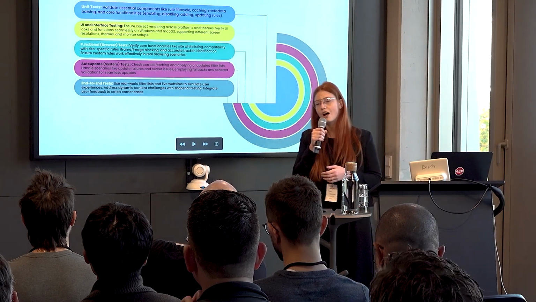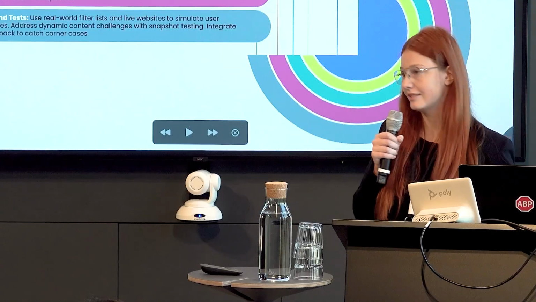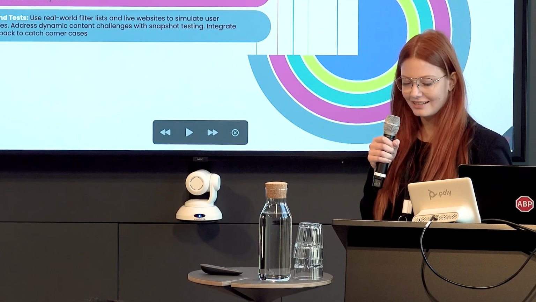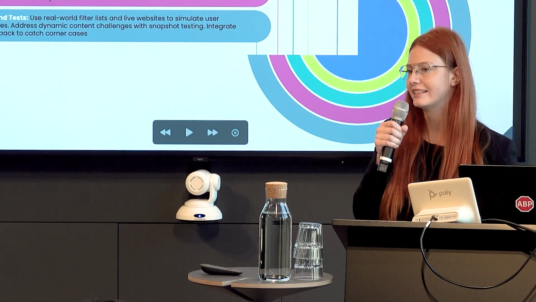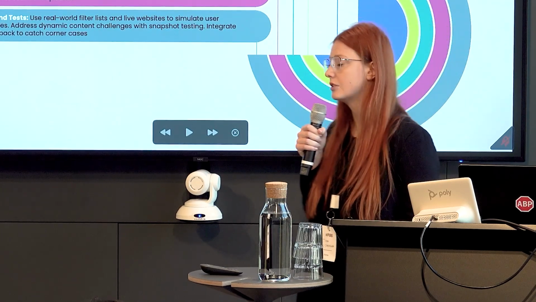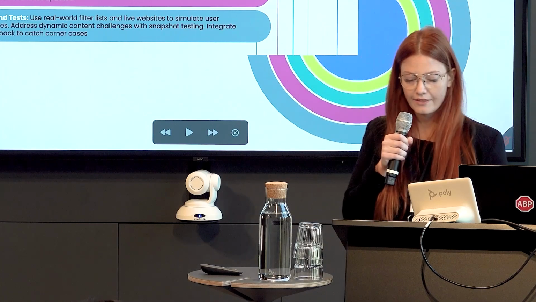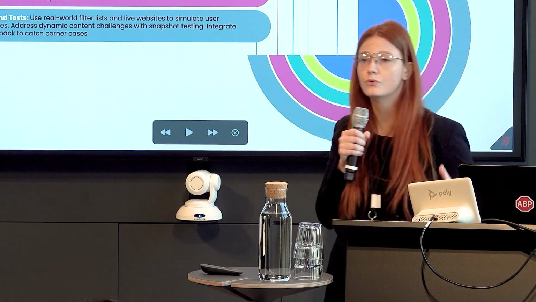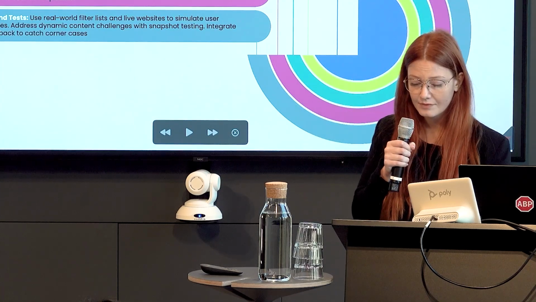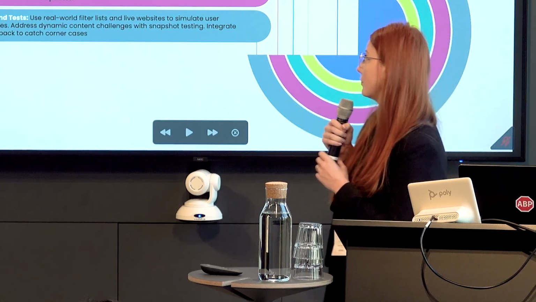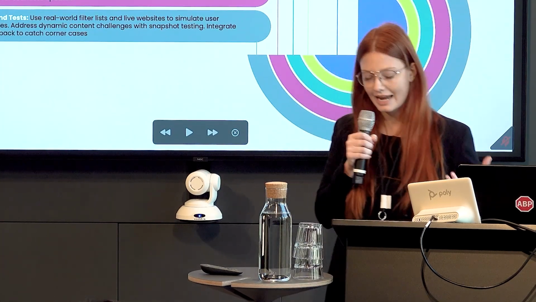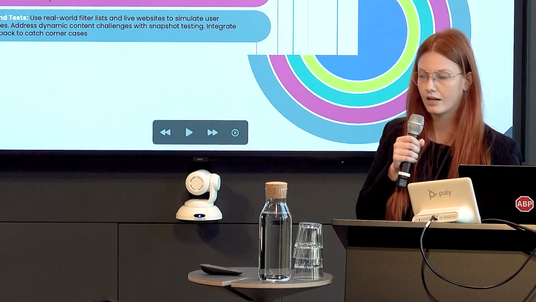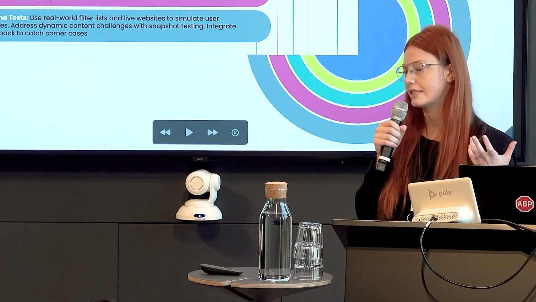The backbone of our testing strategy is unit tests, no surprise here. We need to make sure that every small key part of our feature works perfectly before we move to broader tests. What do we check here? First of all, we have cache tests. We check how rules are stored.